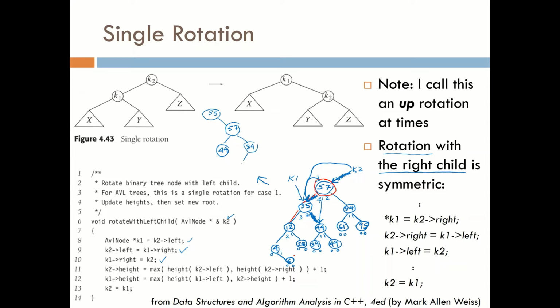Okay, and here we have 61 and 95. Okay, and then 44 has 49 and 39. Okay, now what is K1's left? Well, that's 12, right? I'm sorry, K2's left.